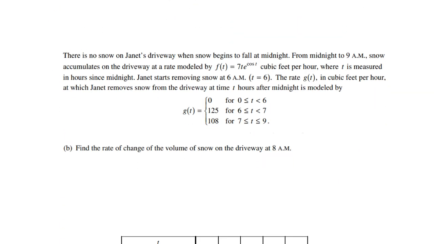This problem here is not exactly related to our topic, so we'll leave it for self-practice. But notice how this here, cubic feet per hour, being the rate at which snow accumulates, and how g of t being removing, connects to the rate of change of volume of snow. So this is more of a calculation. It's more of a review of what we've done previously.